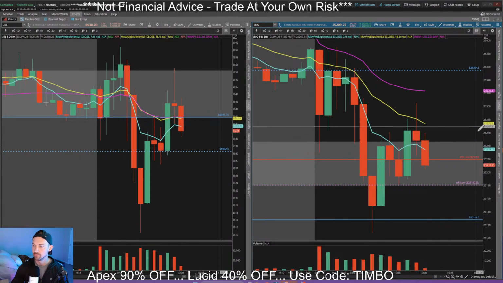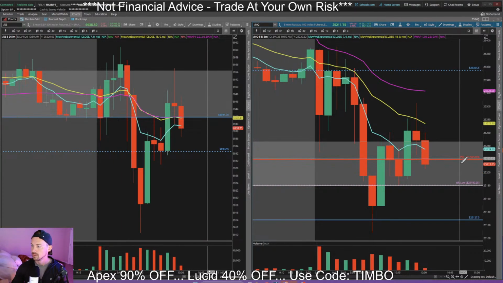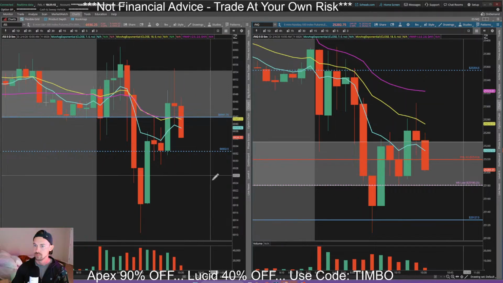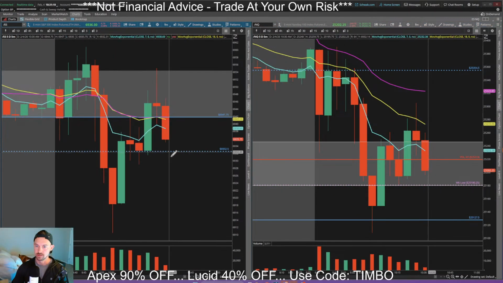All right, now they're dropping it back down. Under 210. Yeah, I just want to see ES get underneath this 32 level.